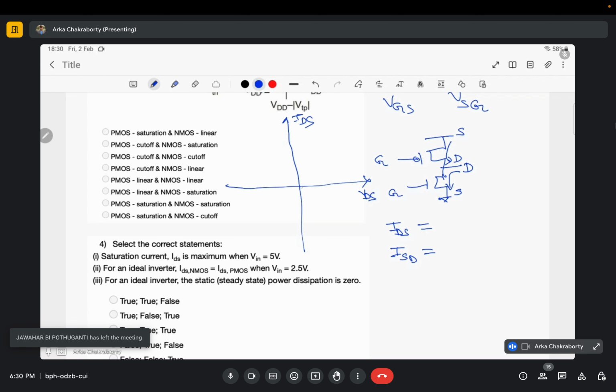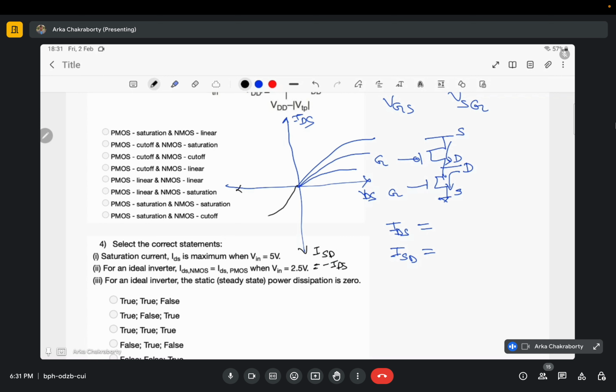For NMOS the curve would be something like this. But in the case of PMOS, it is actually VSD, so I get it on the left hand side, and it is not IDS, it is minus ISD. ISD equals minus IDS. That's why for PMOS I get the curve something like this.